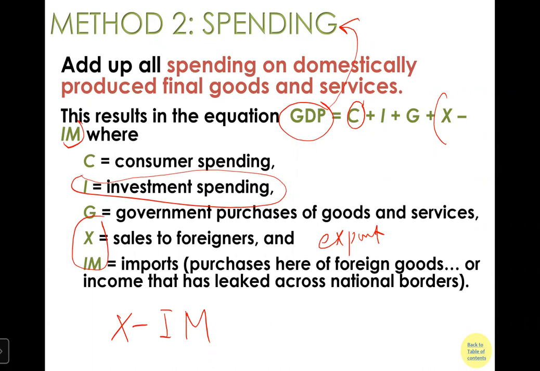IM is produced by others, and then consumed by us. So then we need to look at the net term. So the net term is equal to the market value of goods we produced, but it flew out of our border. Okay, so this is called net export.